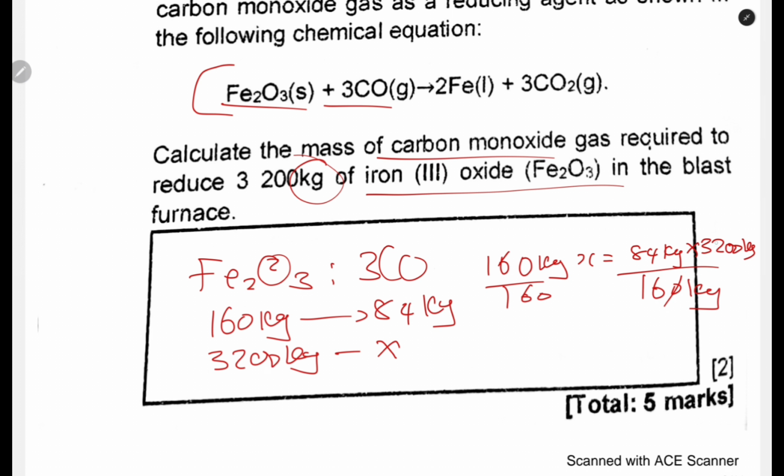Here we can cancel a zero, so we have 84 multiplied by 320 divided by 16. I should be able to find 1,680 kg. So all this information should fit in this box, please. That is how we work it out.